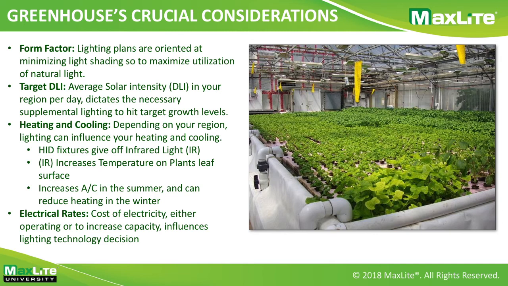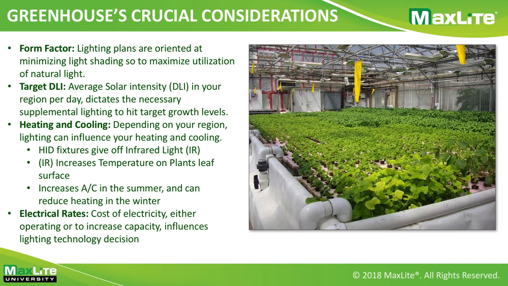And hey, Max, I want to jump in real quick and just add one more key point to the target DLI point. One of the things we can also do when we assess this important factor is, if need be, a lighting audit in the actual greenhouse, where we can take actual light measurements to understand what they're receiving in terms of sunlight within the greenhouse, and then also take lighting measurements at night if they have existing fixtures in the greenhouse space, to understand what they're getting from the lights they already have installed, say, upon us doing a retrofit.